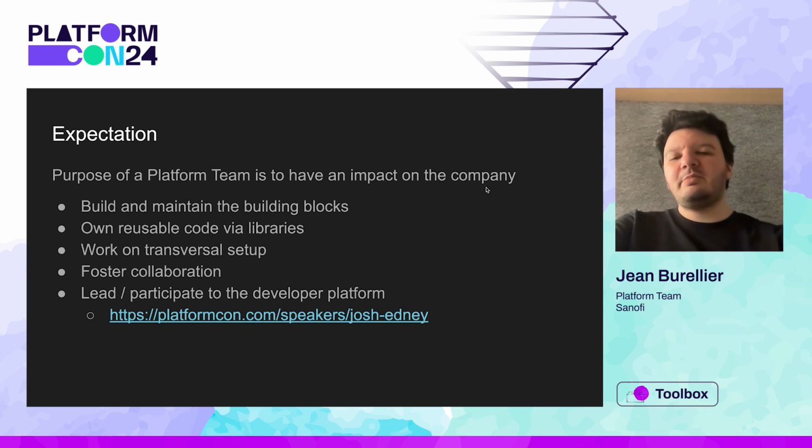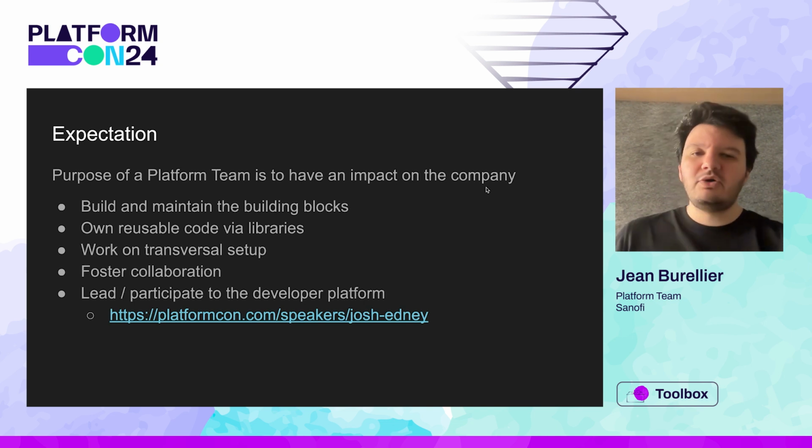And one of the last points that is quite important for me is fostering collaboration. It's something that is missing a lot. A lot of companies and people are working in a specific silo for their application. But if you are working properly with a platform team, you can have people collaborate on everything you build.